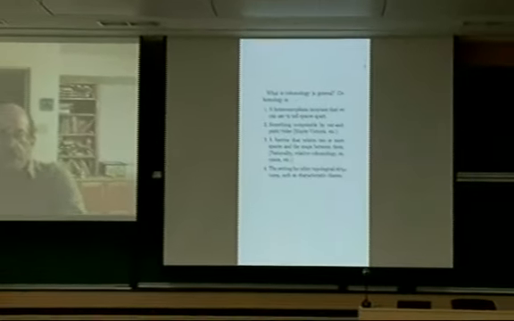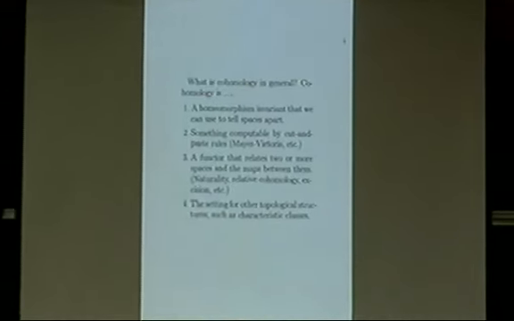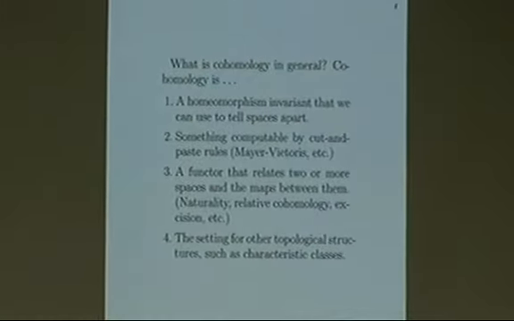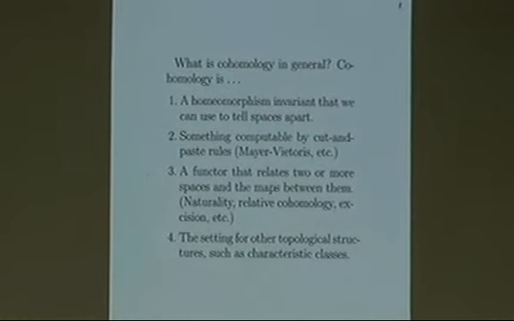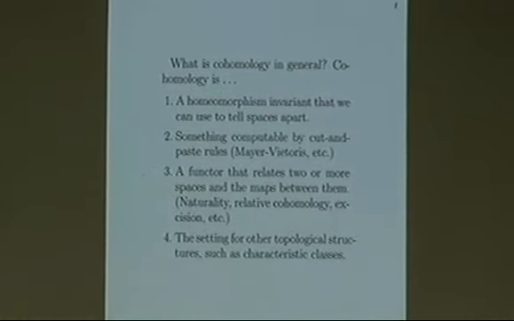And then the third big nice thing is that it's functorial, that you don't just study one space at a time. You take two spaces, and if you've got a map between the two spaces, you've got a pullback operation on the cohomology groups, and you get a tremendous amount of mileage out of that. And the fourth is that you can understand other things in terms of cohomology. It's not just, okay, here is the cohomology of the space.